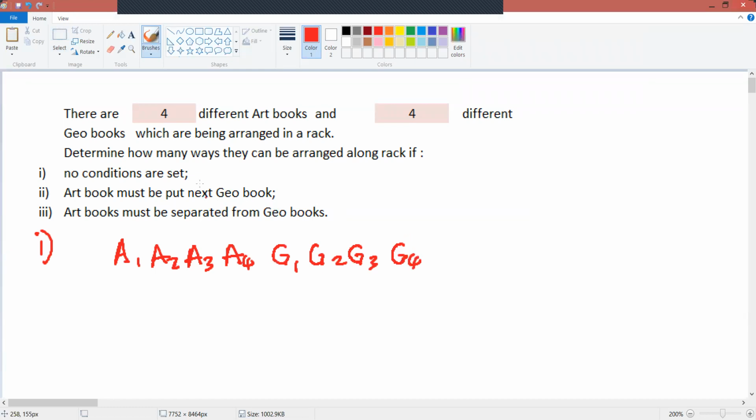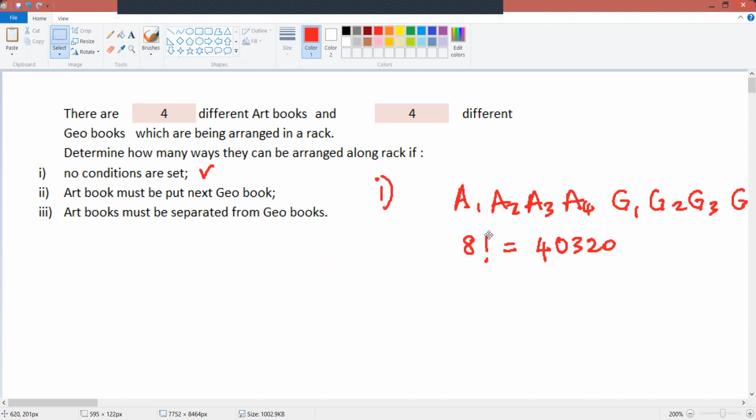Therefore, if no condition is set, the number of arrangements will be 8 factorial. Then you can press your calculator, 8 factorial. So the answer is 40320. That would be the answer to the first one.